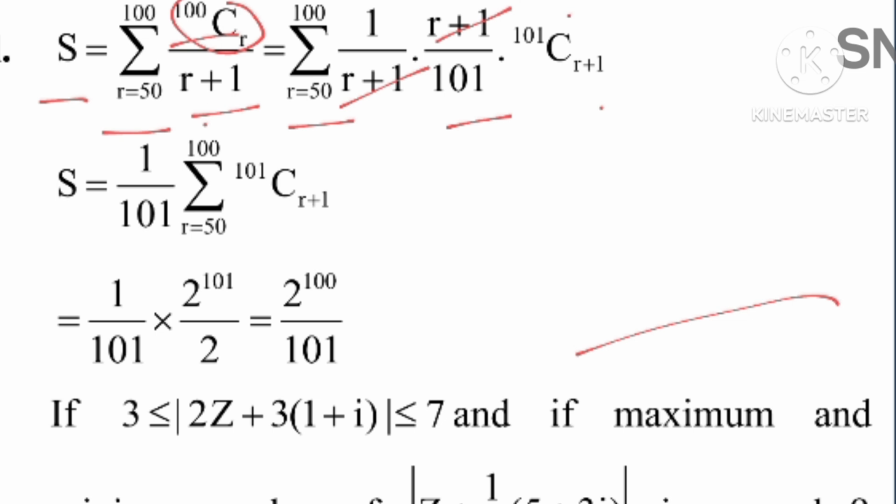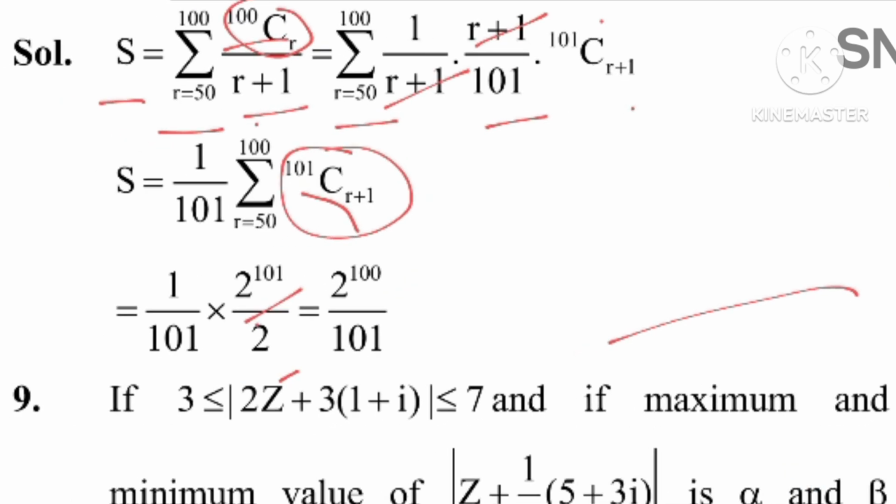So 1 by 101 summation of R equal to 50 to 100 of 101C R plus 1. Now we know the sum of the binomial coefficients, so 1 by 101 into 2 power 101 by 2, that is equal to 2 power 100 by 101 is the answer.